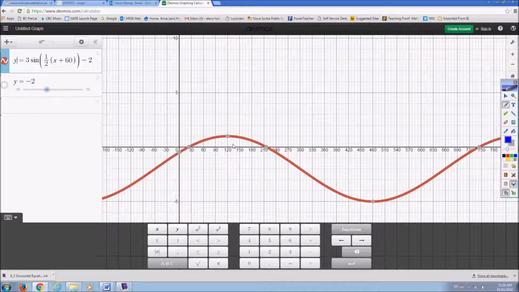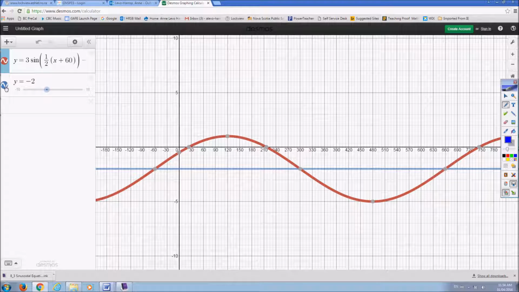It's a little harder to see at the moment, but if we draw in our sinusoidal axis at y equals -2, then you can start to see a little more clearly that between the sinusoidal axis and the maximum, we really are 3 units up, or from the sinusoidal axis down to the minimum, again, we are 3 units. So our amplitude is 3.